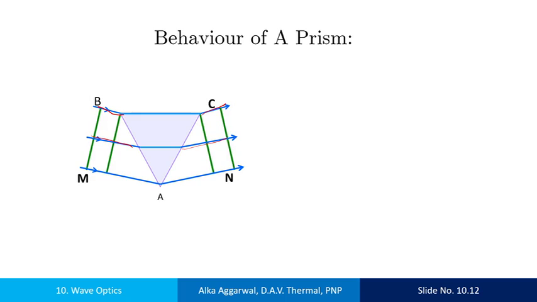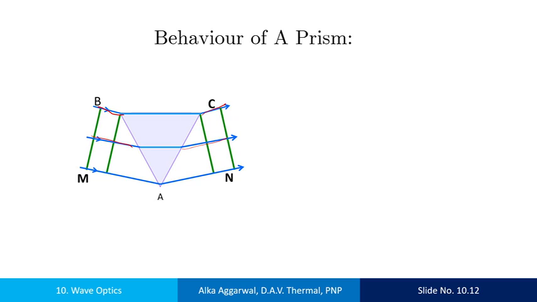Let MB be an incident wavefront. It is clear from this figure that the rays from the different points of the incident wavefront pass through different thicknesses of the prism.